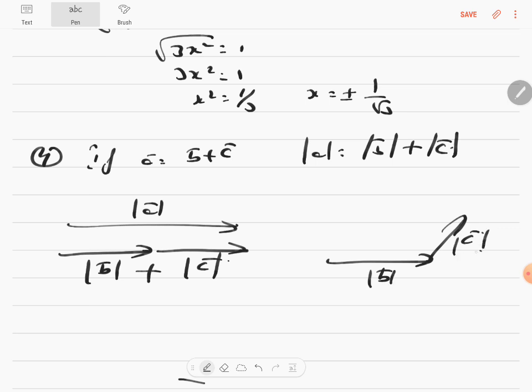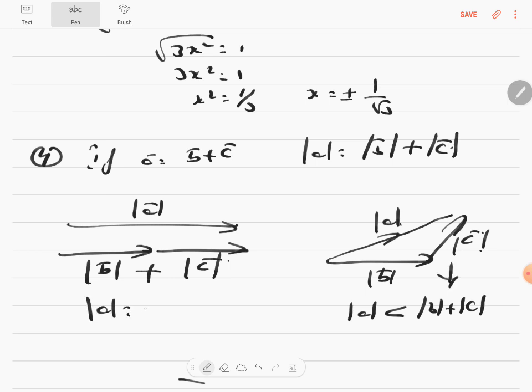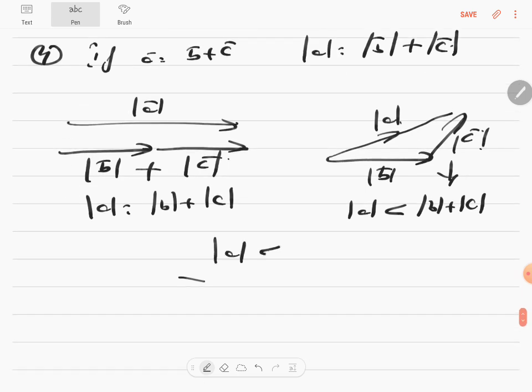The magnitude of B and magnitude of C will not be the same as magnitude of A. The magnitude of A will be lesser than magnitude of B plus magnitude of C in this case. In the other case, magnitude of A will be equal to magnitude of B plus magnitude of C. Therefore, the combined statement is magnitude of A is lesser than or equal to magnitude of B plus magnitude of C.